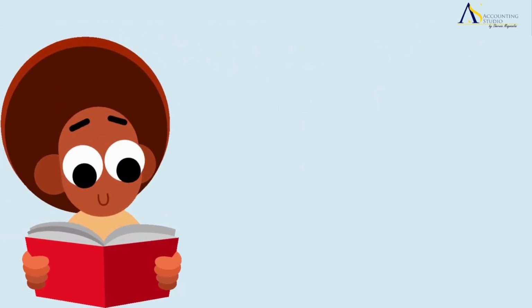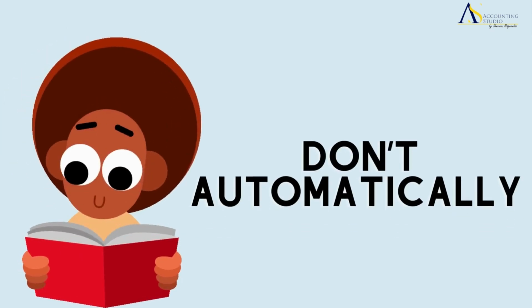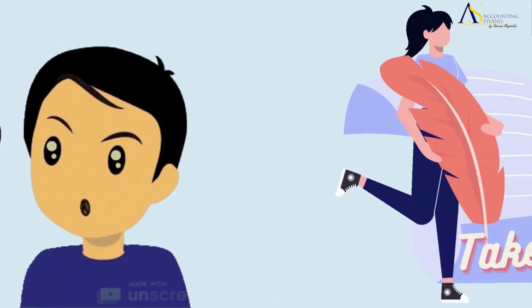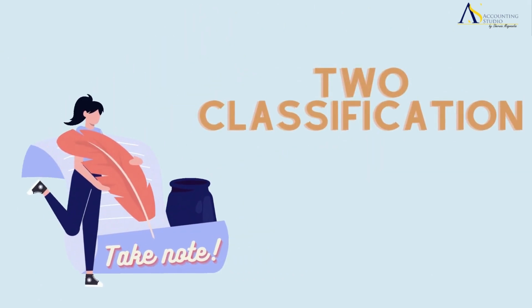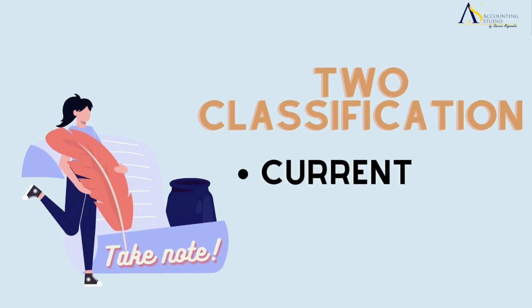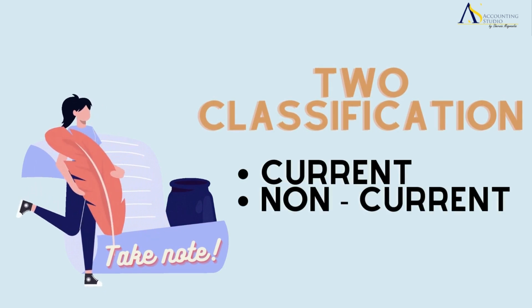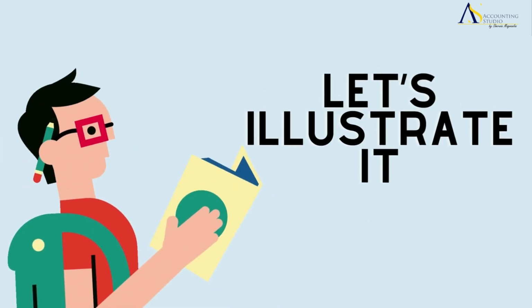However, be careful and notice if it is for current purpose because cash funds don't automatically form part of cash. How? Take note of the following. There are two classifications of cash fund, and that is current and non-current, which is parallel to the classification of the related liability. For better understanding, let's illustrate it.